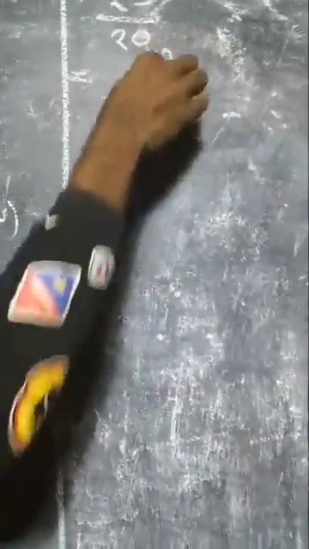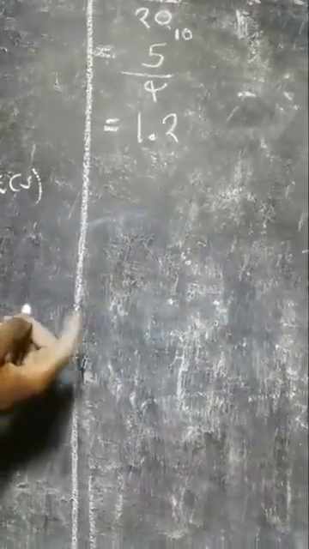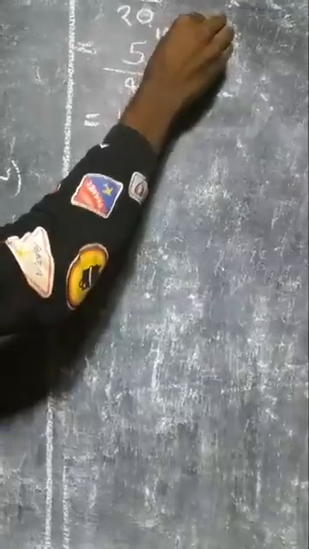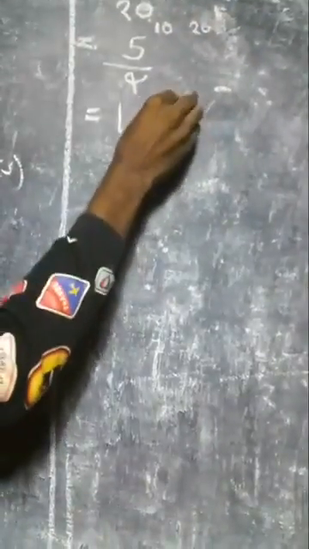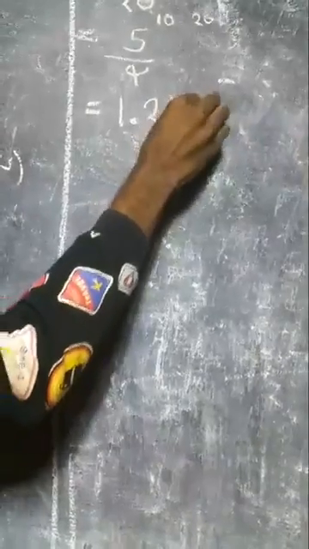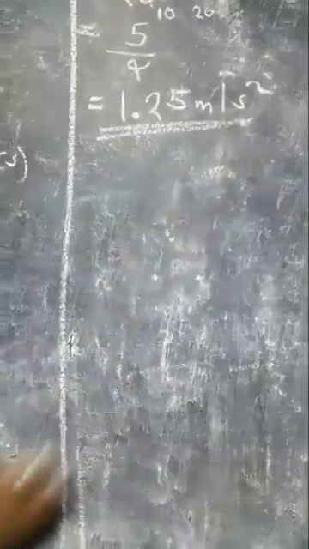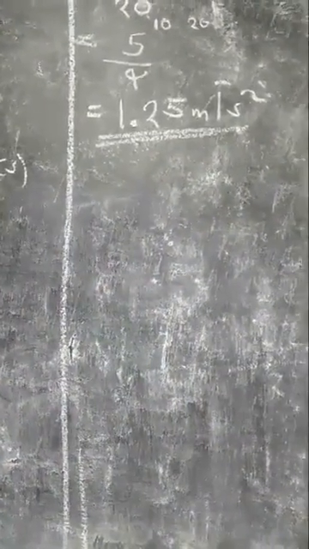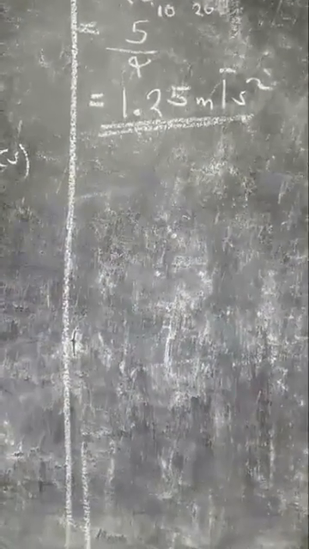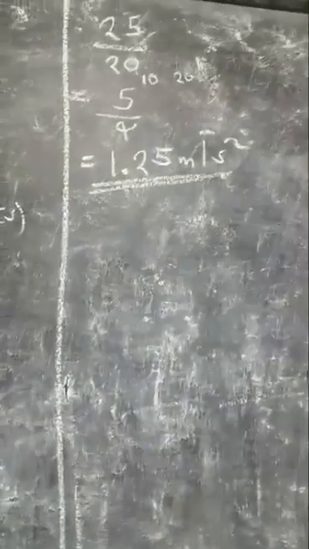Then 4 into 10, that's a 2, remainder 2. Then 4 into 20, of course, that's a 5. That means it's 1.25 meters per square second. That's what you have here.